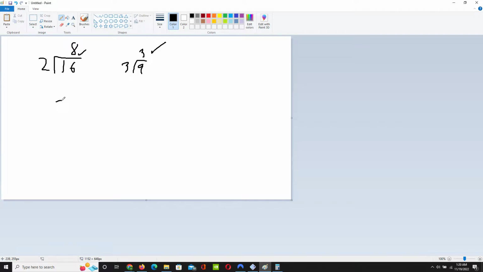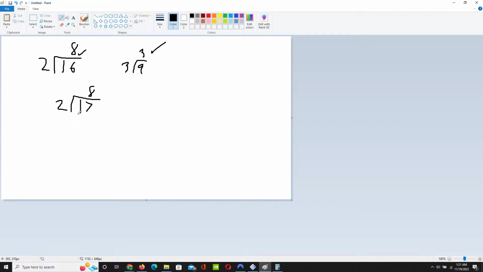Let's try a very different one. Instead of 16, let's try 17. So 2 can't go into 1, so it has to go into 17. So we do 8. If we did 9 here, it would not be possible because 9 times 2 would be 18.